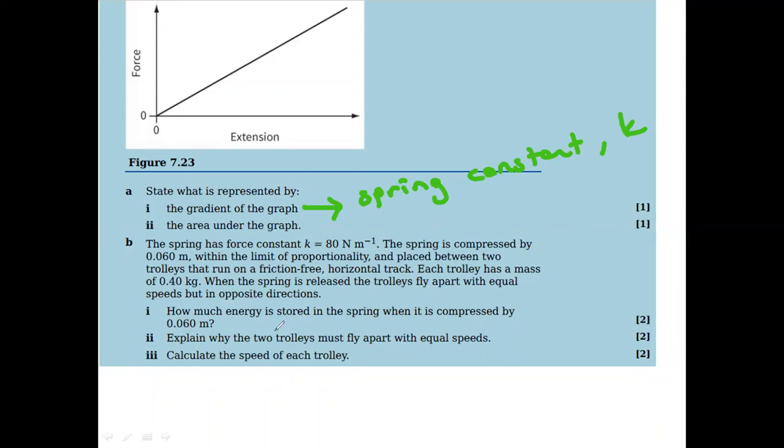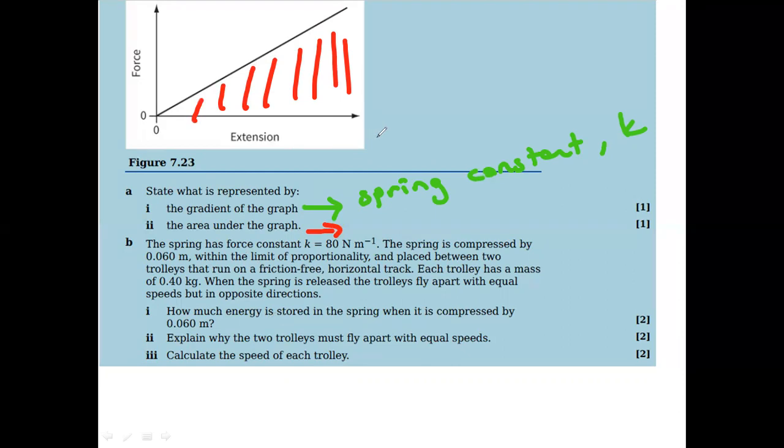The second one, A to I, this one. State what is represented by the area under the graph. So this area is going to be equal to what? We know that if you multiply force times distance, it's going to be work.